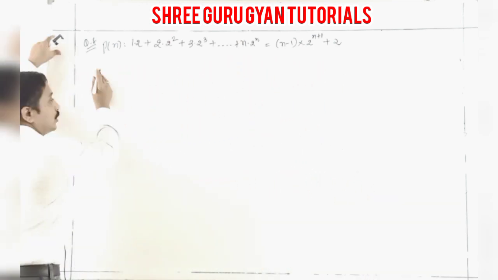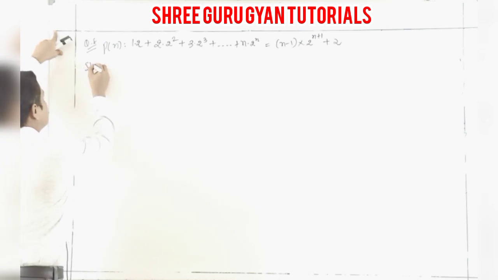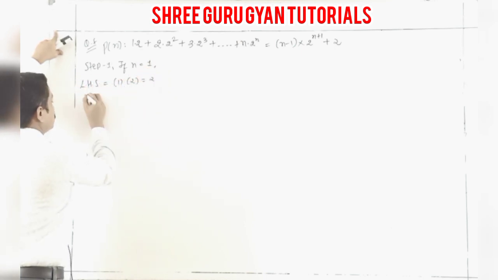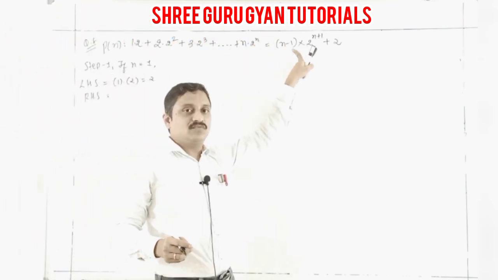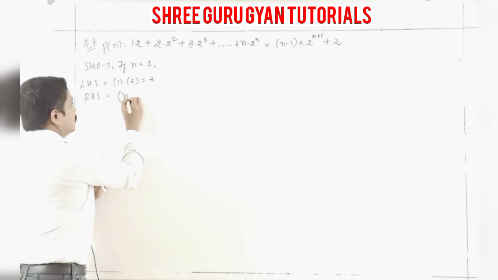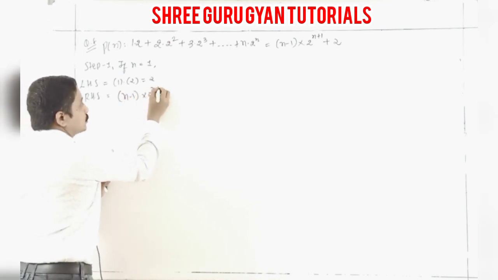So I am going to go slowly, don't worry. Step 1, if n is equal to 1, what is the LHS? 1 into 2. RHS, this RHS. N minus 1, 2 raised to n plus 1.